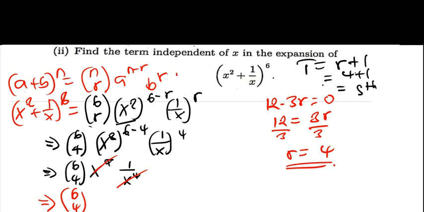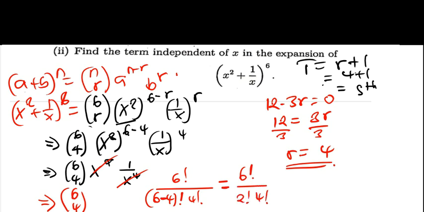Now I'm expanding this. 6 factorial over 6 minus 4 factorial times 4 factorial, which is 6 factorial over 2 factorial times 4 factorial. So we can expand further: 6 times 5 times 4 factorial, over 2 factorial which is 2, times 4 factorial.